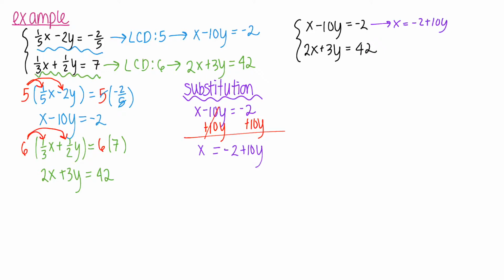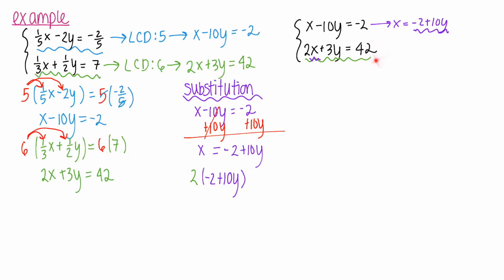So I have 2 times, instead of x, let's do purple, I'm going to be putting -2 plus 10y, because that's what x is equal to.